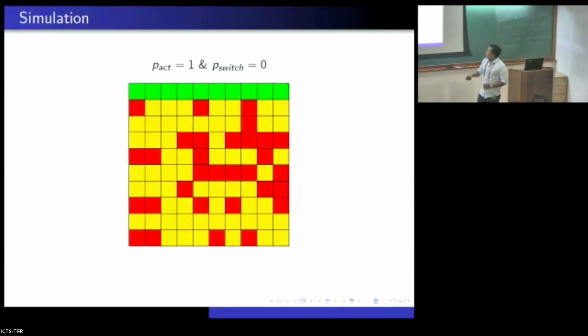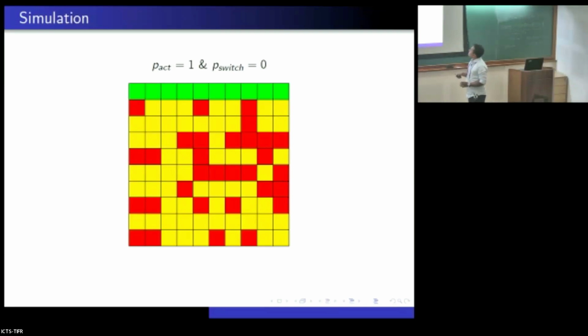Here's the simulation. We run a simulation for a 10 cross 10 grid, setting P act to be 1 and P switch to be 0. That means whenever a yellow cell sees a green cell, in the next Monte Carlo step it will convert to an active cell with 100% efficiency, no question about it.